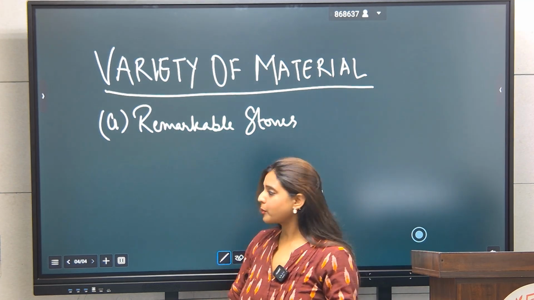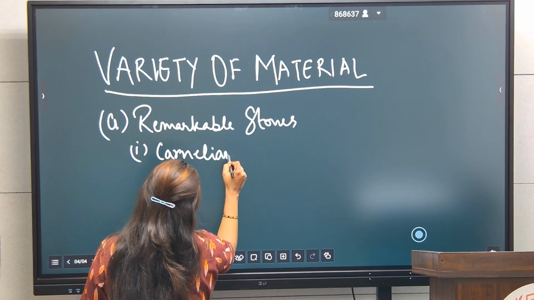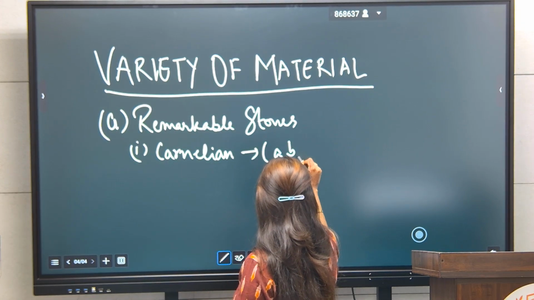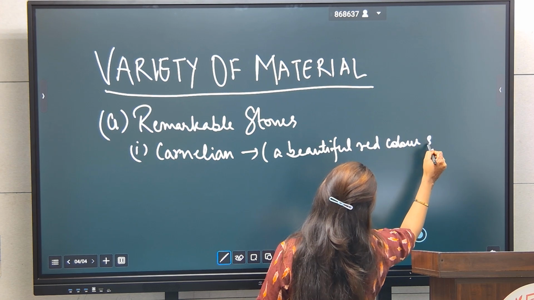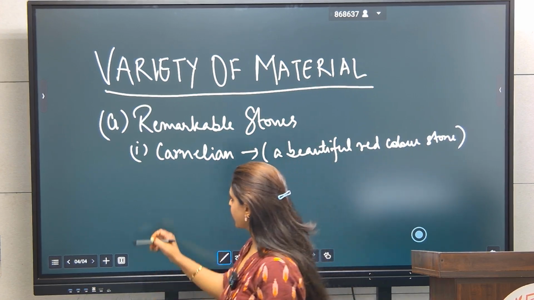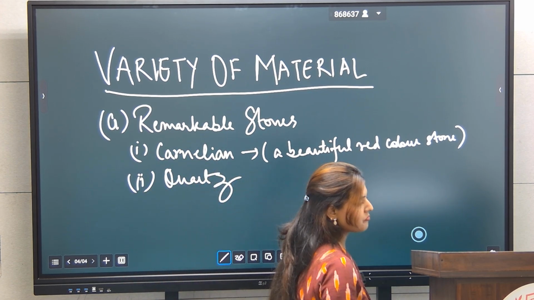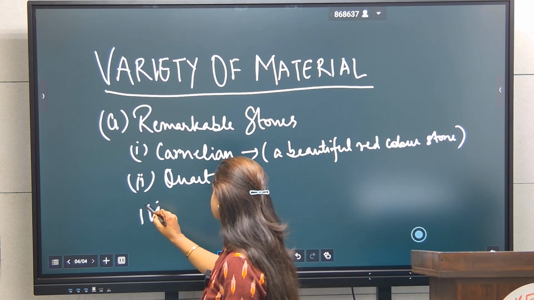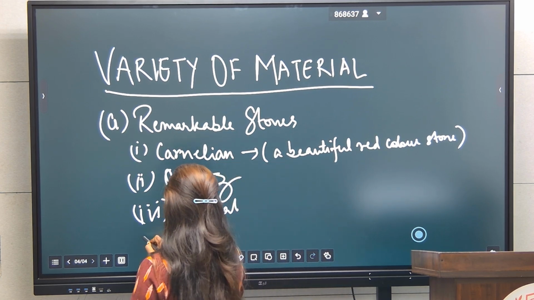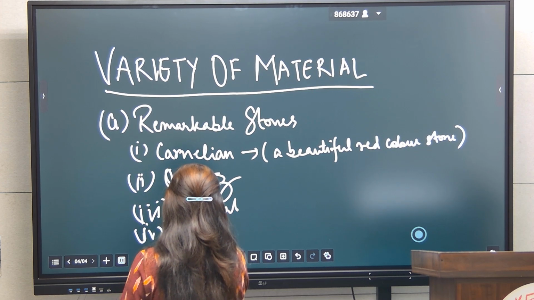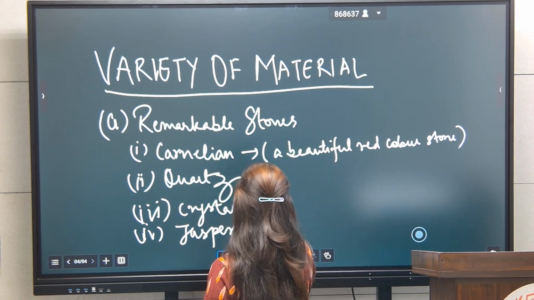Remarkable stones were used, like carnelian, a beautiful red color stone, quartz, crystal, jasper, and lastly steatite.